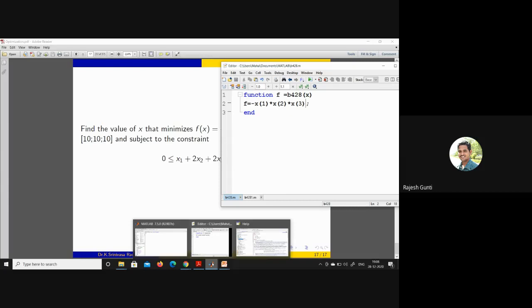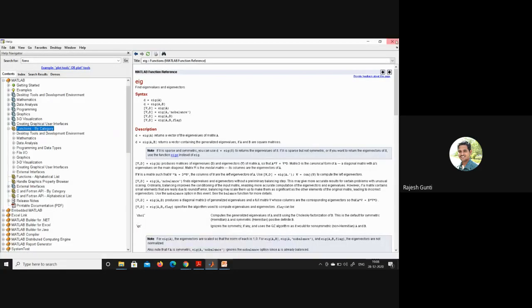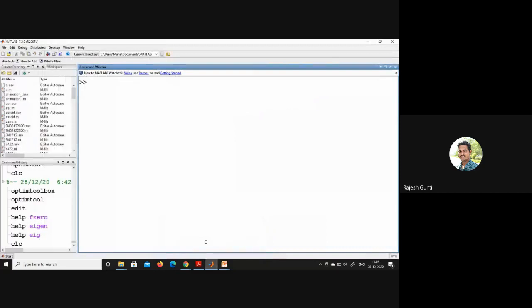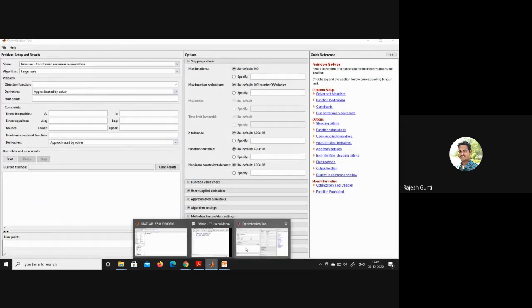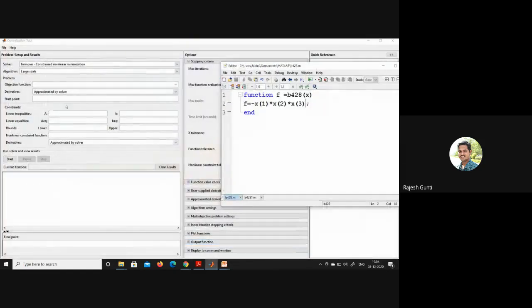Straight away we can open the Optimization Toolbox. The objective function name is B428.